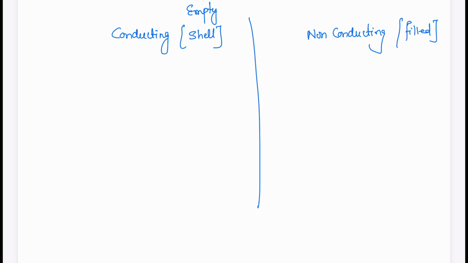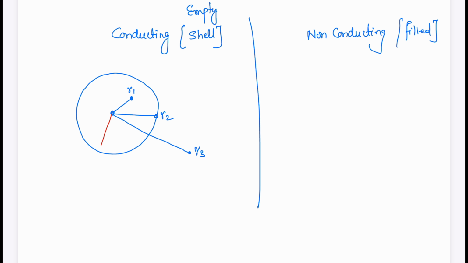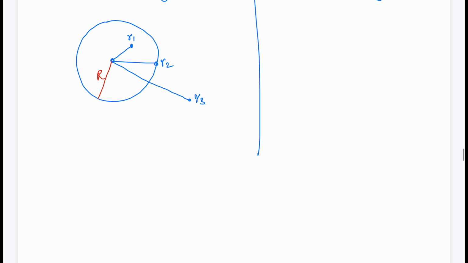Let's say there is a question. This is the shell and this is the charge. We have three conditions. This is condition 1, you can say R1. We have this condition on the surface, R2. We have the condition here, R3. And this is the radius. Let's say there are different conditions.